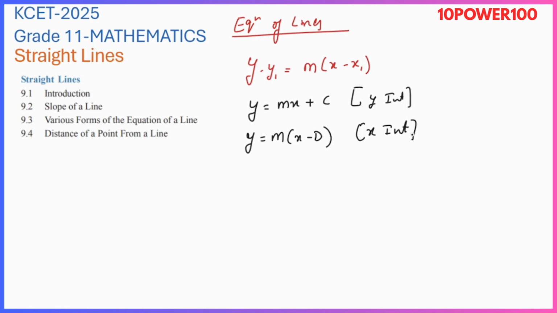Next, when both intercepts are given, x by a plus y by b is equal to 1. So any form of line equations can be asked. So please note down these formulas, children.